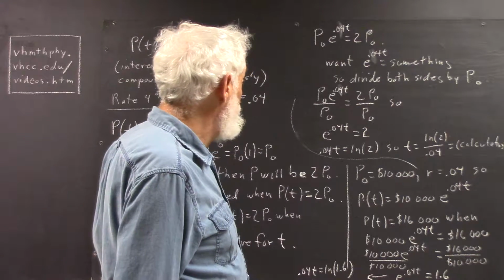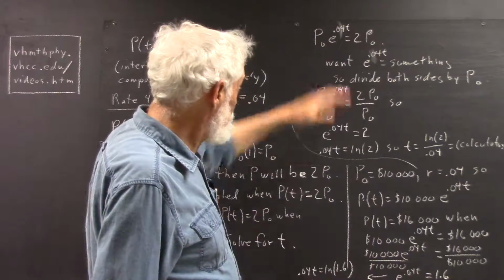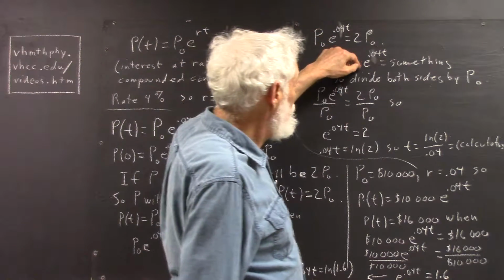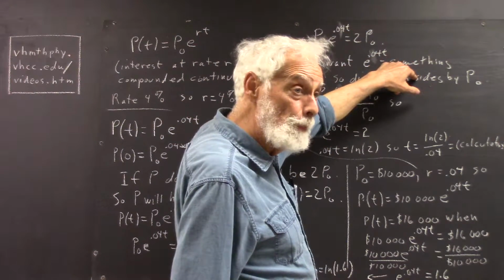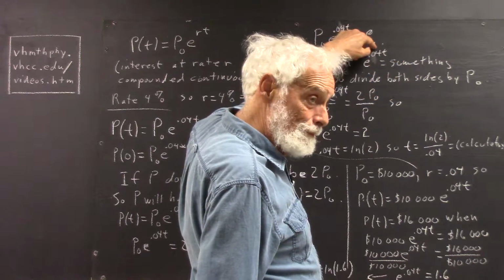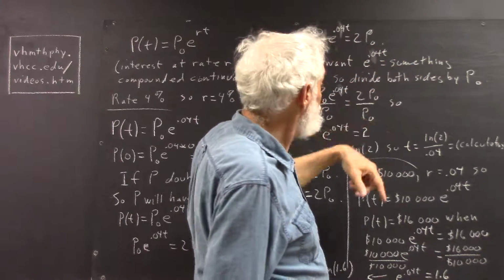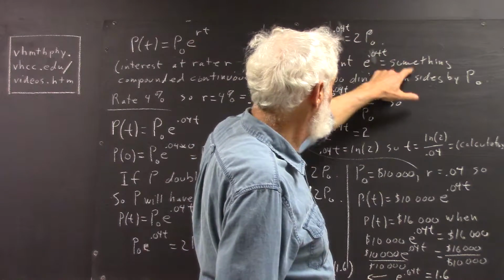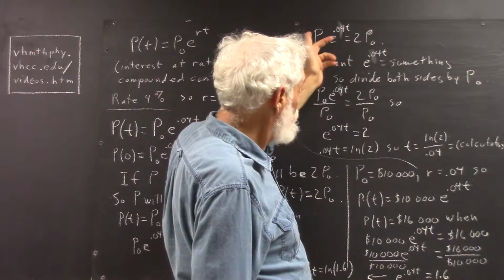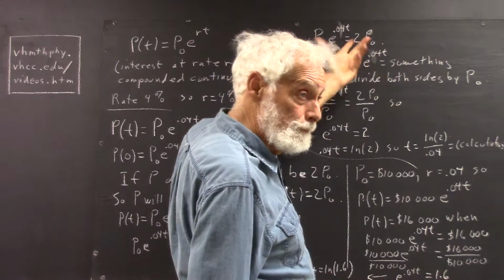We want to get this to e to the 0.04 t equals something, because that would be of the form e to the a to the c equals b. And we'd be able to write that as log to the base e of something equals 0.04 t.